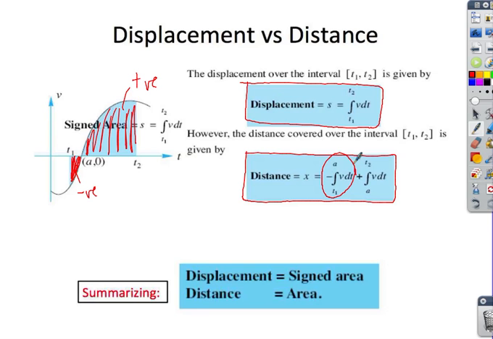So the negative of the integral from t1 to a of v dt, and then on the second interval from a to t2, that part is above the x-axis, and so that can just be integrated directly. All right. The summary at the bottom is also very good. All right. So displacement is signed area, which means you can use the area with its signs, and distance means positive area. All right. So it must be positive.